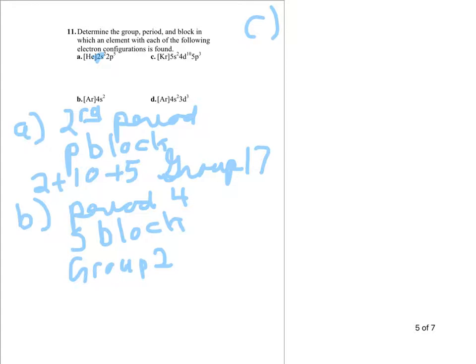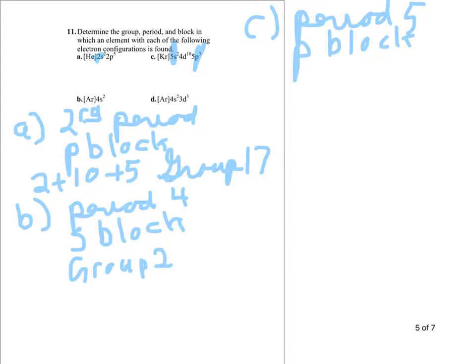C, 5s2, let's look here first, tells us period 5. At the end we see a P, so we're in P block.